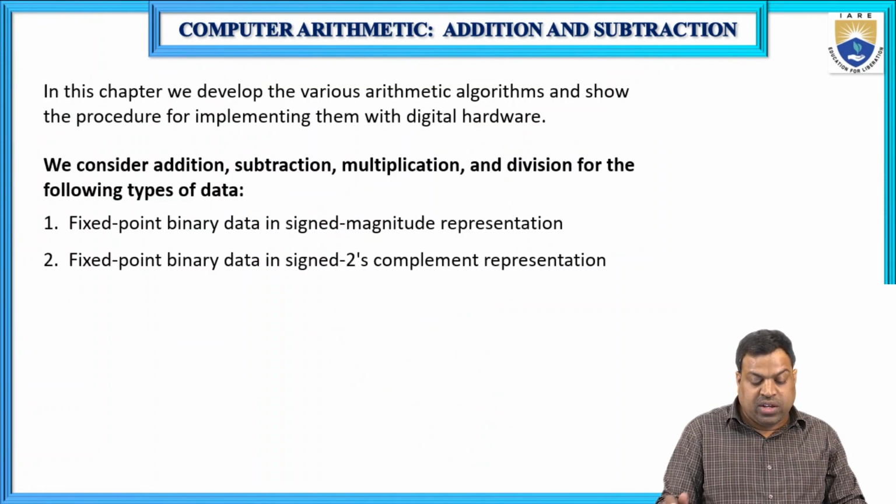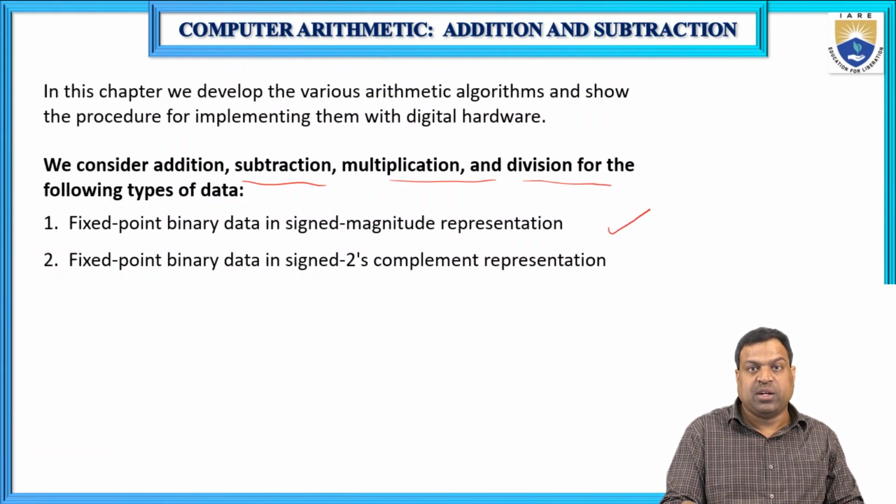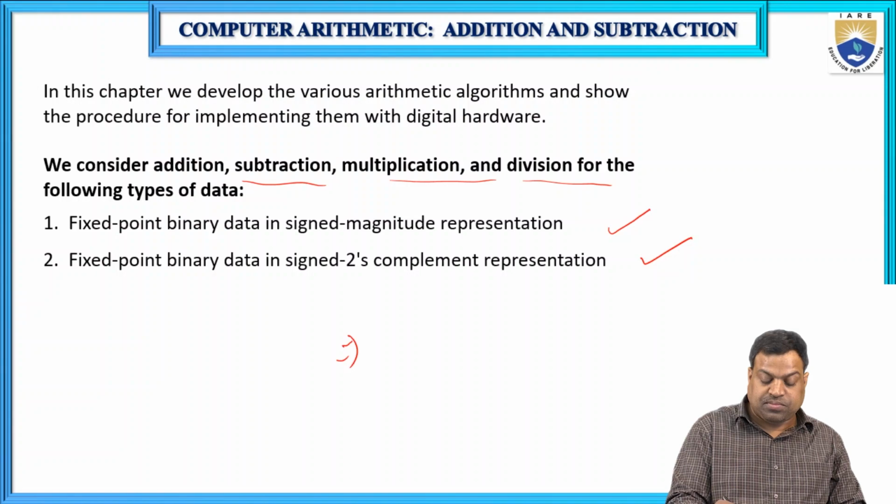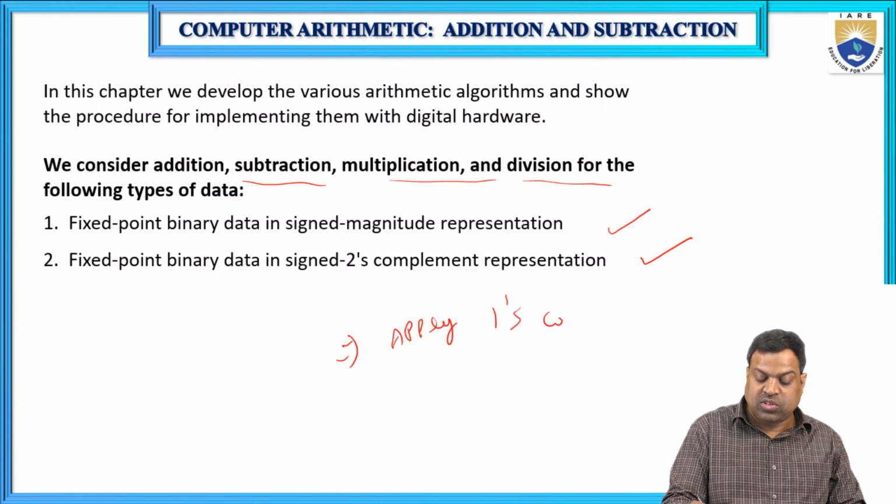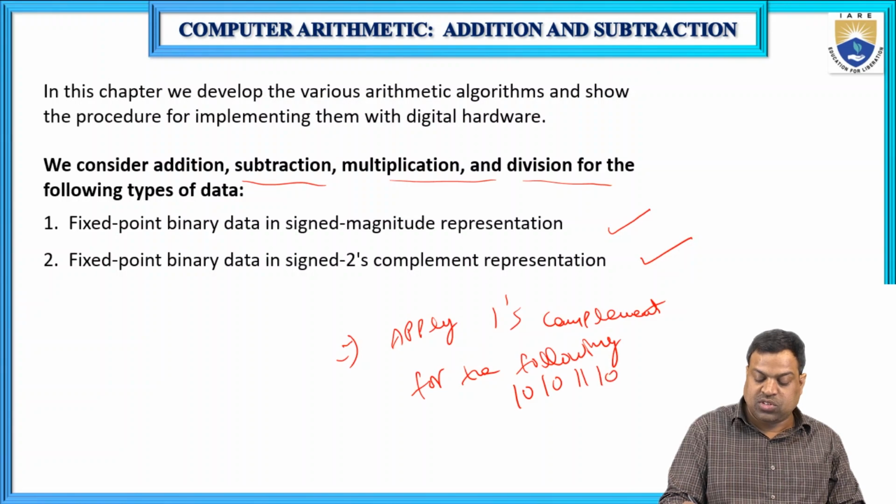So here we are going for addition, subtraction, multiplication and division. First one: fixed point binary data in signed magnitude, and fixed point binary data in signed twos complement representation. For example, I am taking, apply ones complement for the following: 1 0 1 0 1 1 1 0.